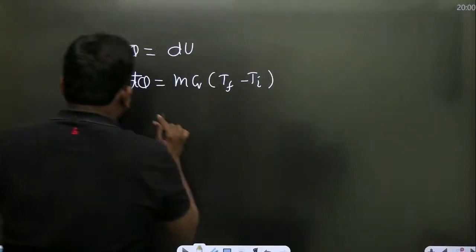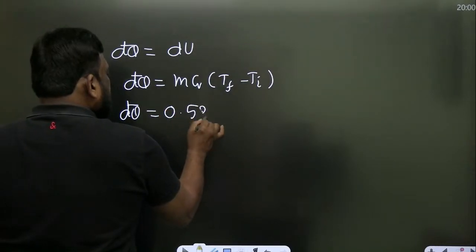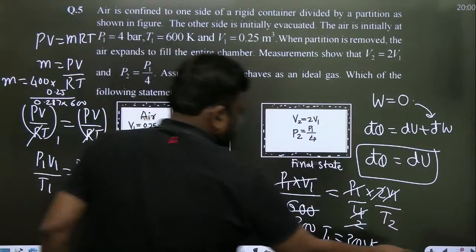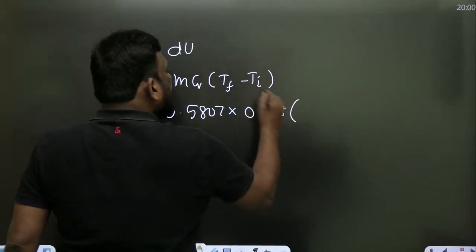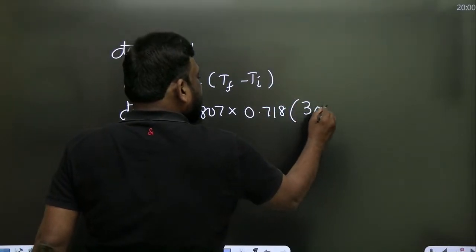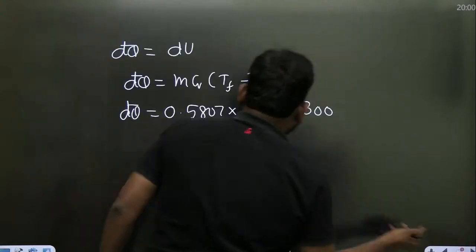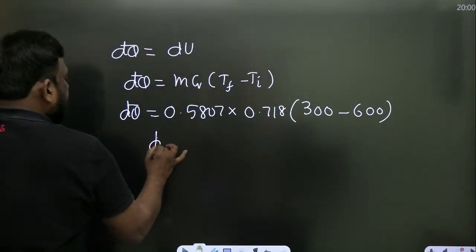And for air, CV is 0.718. Just now you calculated the final temperature as 300. And the initial temperature is 600. So everything is known. I'll get the heat transfer.